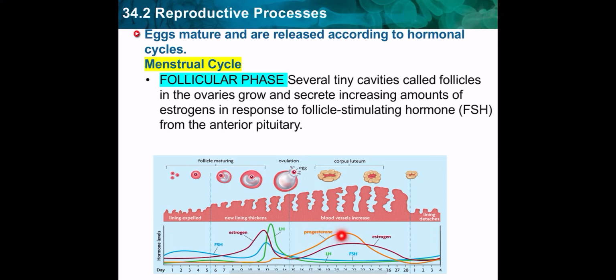Progesterone and estrogen will lead to increasing the thickness of the endometrium, the lining of the uterus. Look here, this is the thickness of the endometrium, and this is the spilling out of the lining during menstruation.